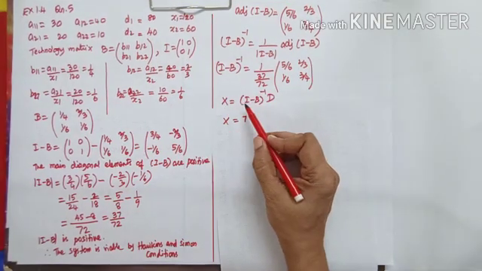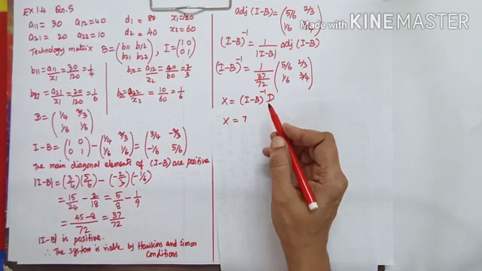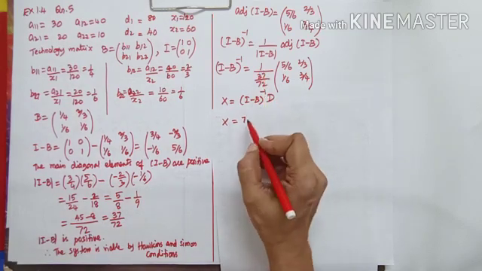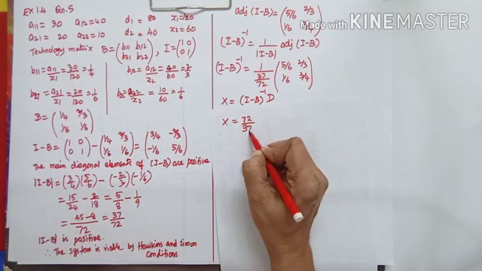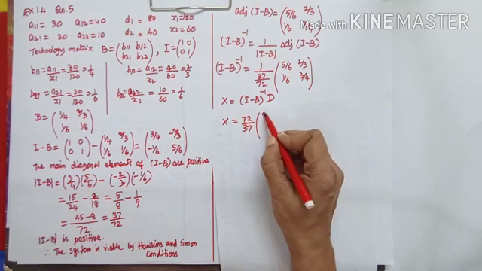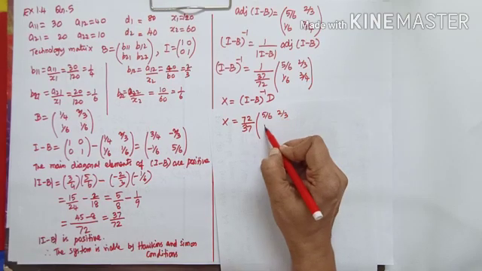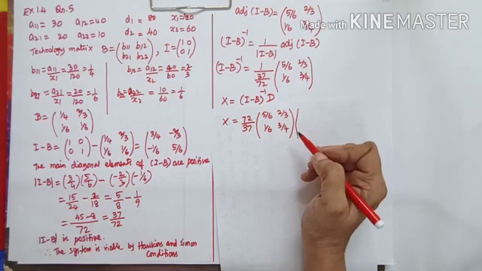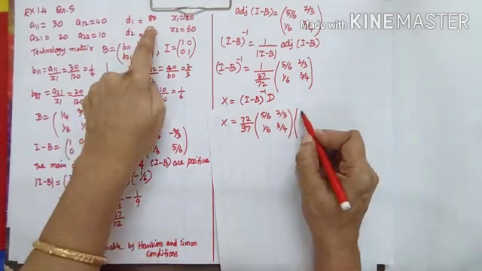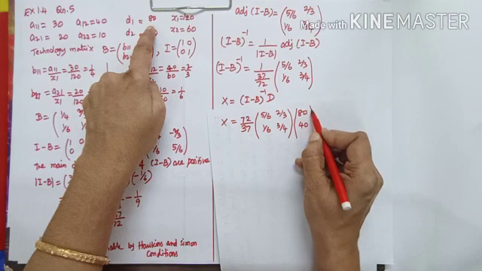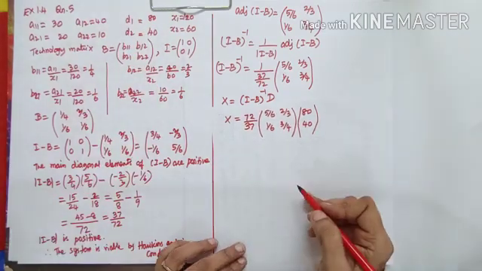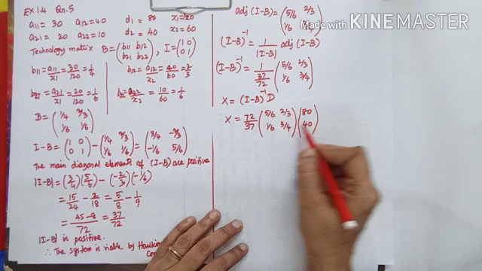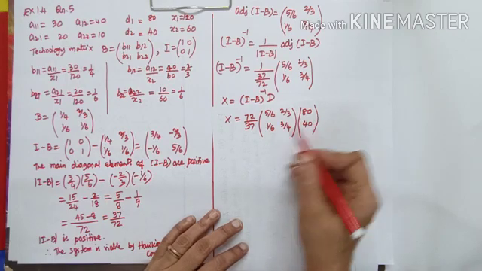X is equal to I minus B, the whole inverse into D. I minus B, the whole inverse is 72 by 37 into 5 by 6, 2 by 3, 1 by 6, 3 by 4 into the demand from here, the last line of the question, 80, 40. Now see, these numbers are difficult to multiply.